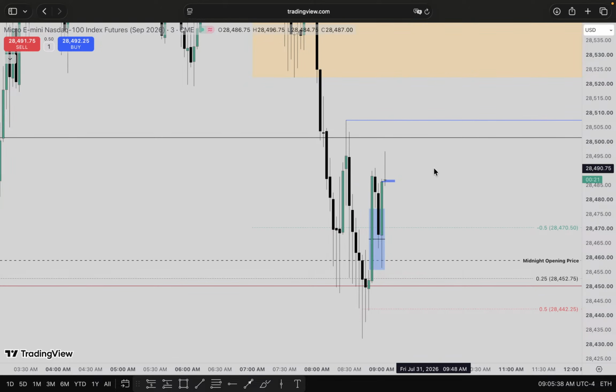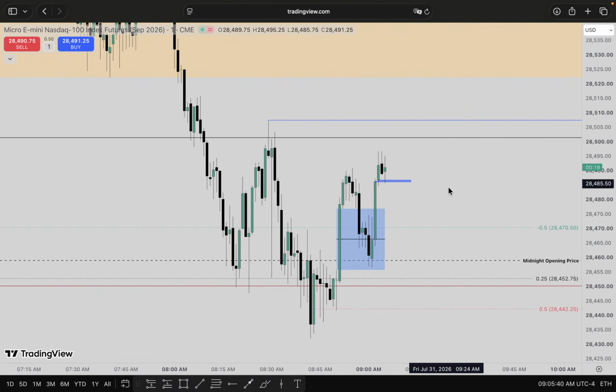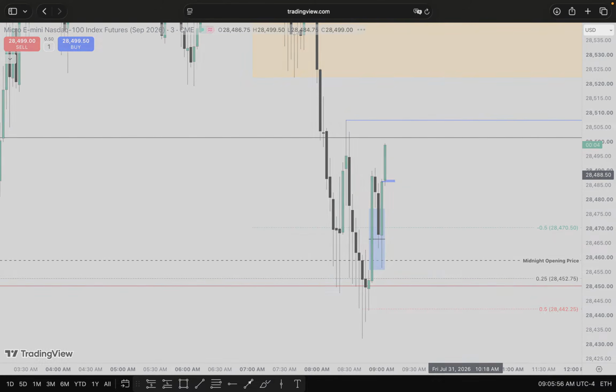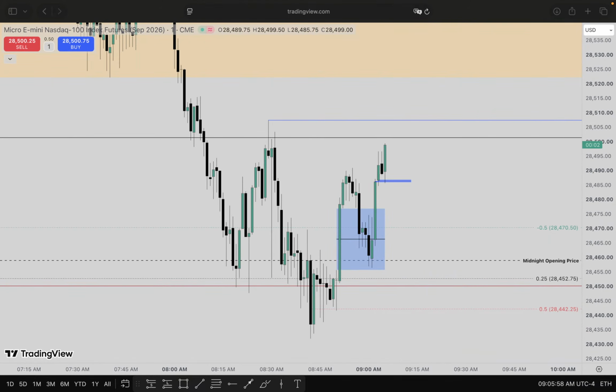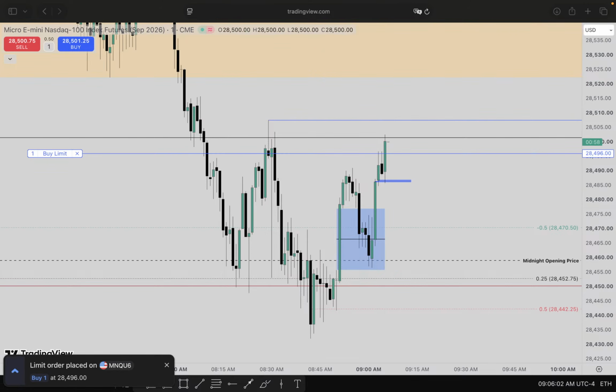I don't know how I feel about that 3 minute candle close right there, actually. Now we're gonna put a bar limit on this candle and see if we can reach for it.